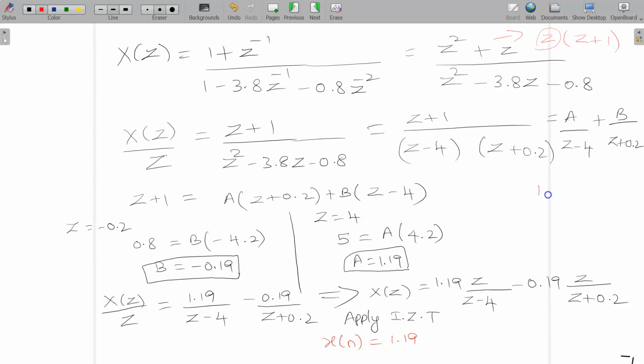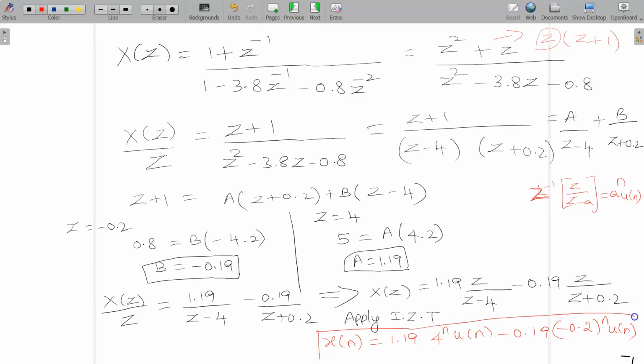The inverse z transform of z by z minus a is a power n u of n. So applying the inverse z transform, 1.19 times 4 power n u of n, minus 0.19 times (minus 0.2) the whole power n u of n. So this is the final x of n.